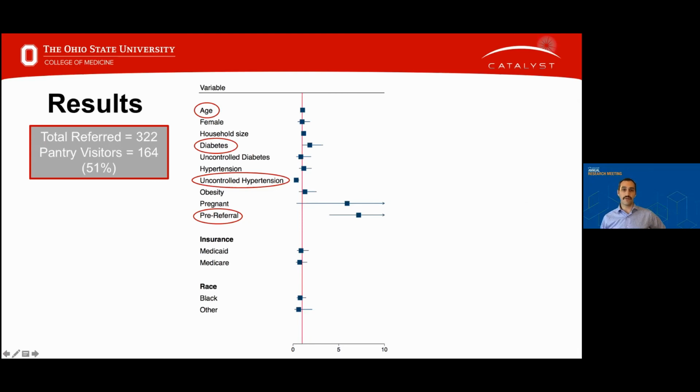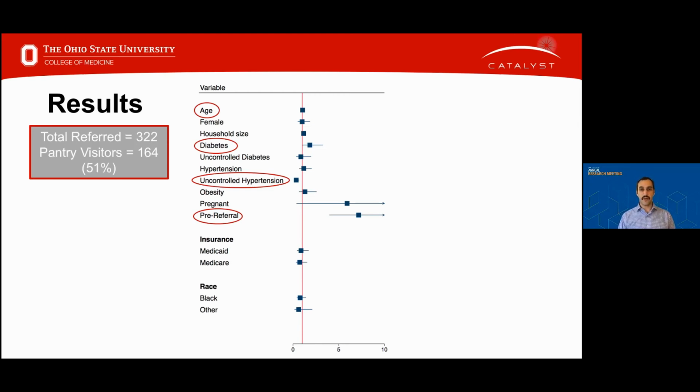So moving into our results, in total, 322 patients received a Mid-Ohio Pharmacy referral, and 164 of them, or 51%, visited a food pantry at least once following their referral. This slide shows a forest plot of patient factors and their association with visiting a food pantry at least once.